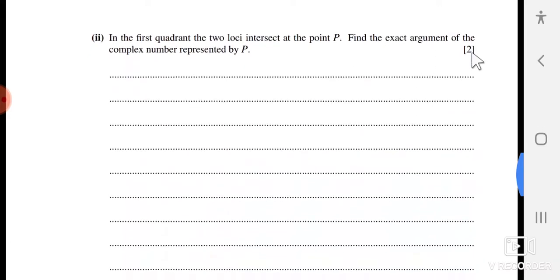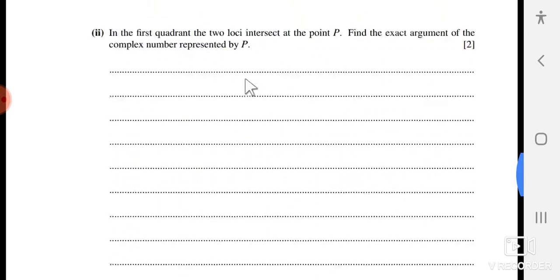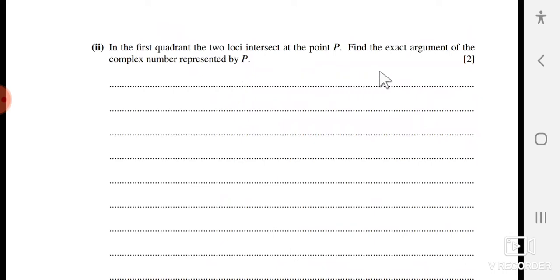Now, in the second part of this question, you will see that at 2 points these two loci meet, and where they meet is called the point of intersection. Find the exact argument of this point.